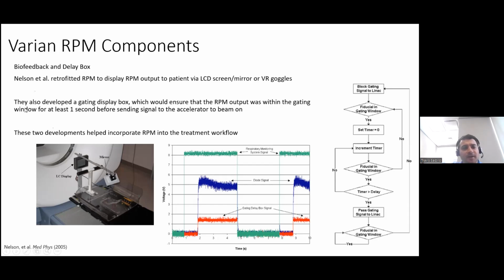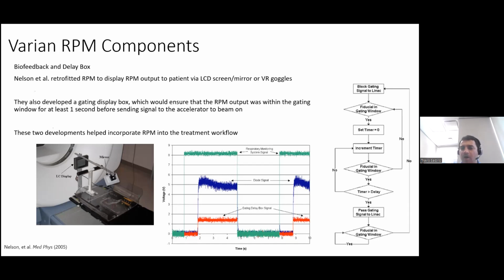Also, they developed a timer within the gating software itself, and it turns the beam on only after a second of being in the tolerance region of the breath hold. That's important because there is a delay with turning the beam on and off.